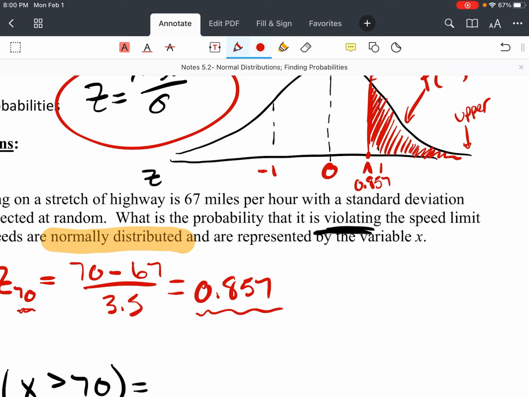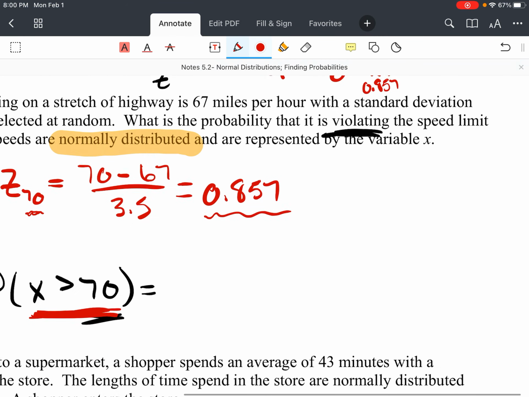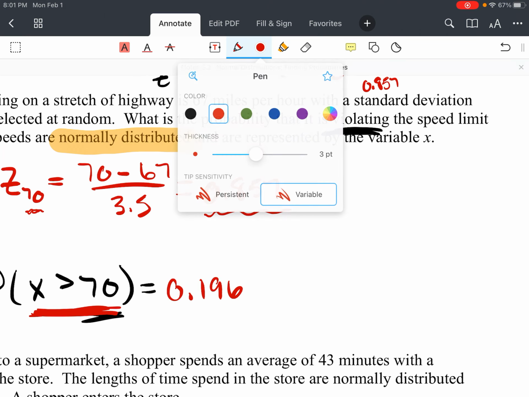So your lower limit should be 0.857, and your upper limit should be a really, really big number. In this case, just use something like 9,999. When you do this, you get that the probability is approximately 0.196.